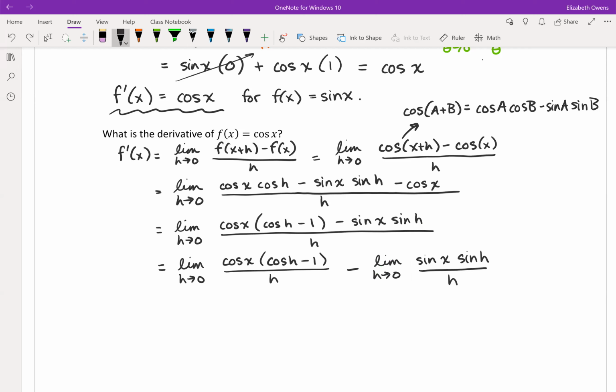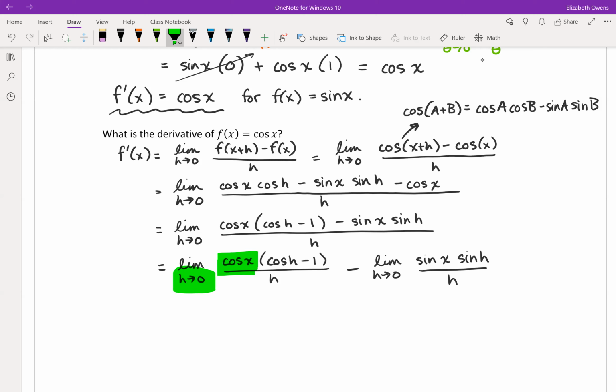And that's going to help us out here because now we can look at limits as h approaches 0. Just like in the previous video, if a part of this expression doesn't have an h in it, like a multiplied factor such as cosine x here, that factor doesn't really care as h approaches 0.